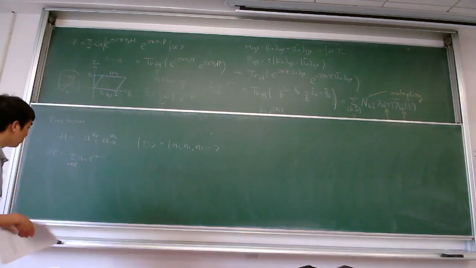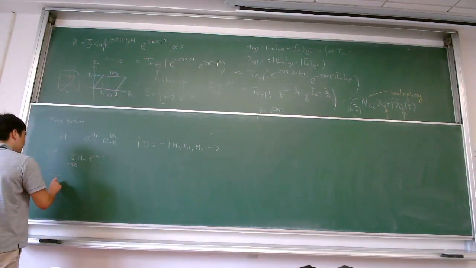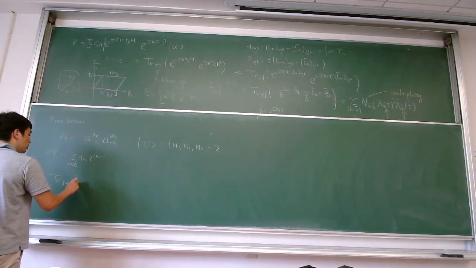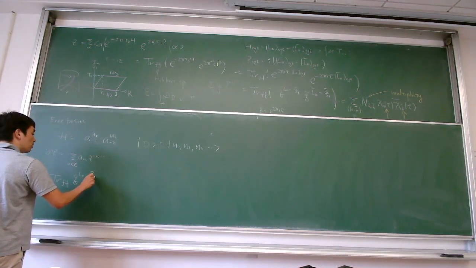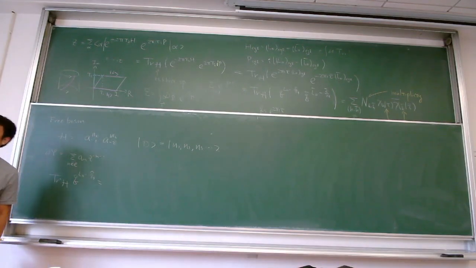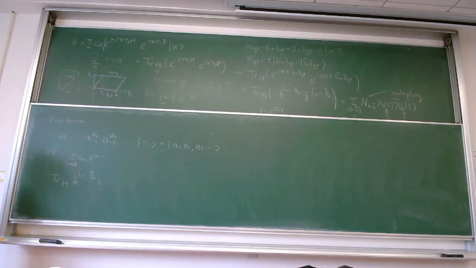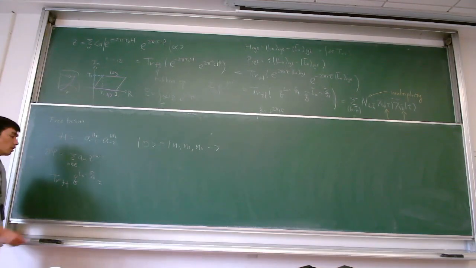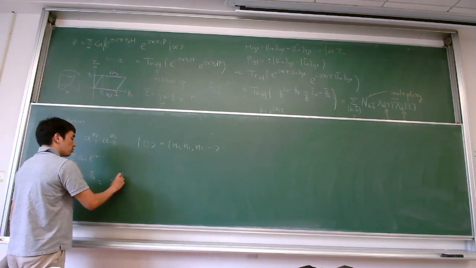And then we need to trace over the Hilbert space of q to the L0 minus c over 24. What is the central charge of the free boson? 1. Good. So it should be q to the minus 1 over 24.